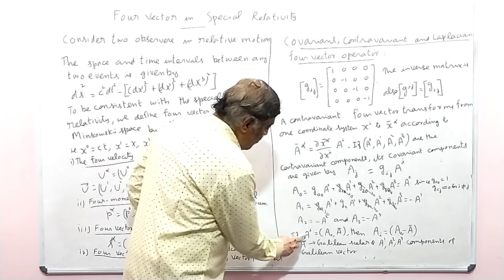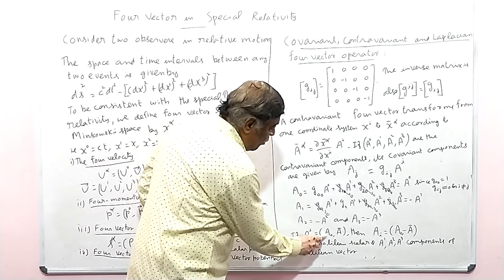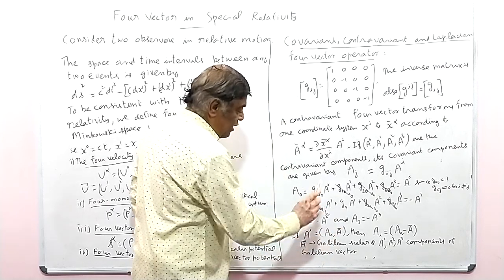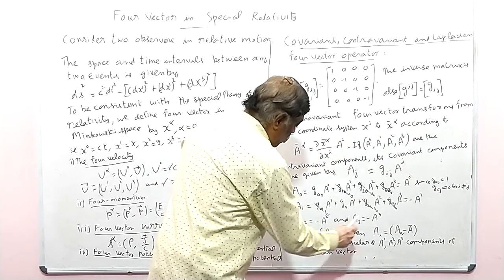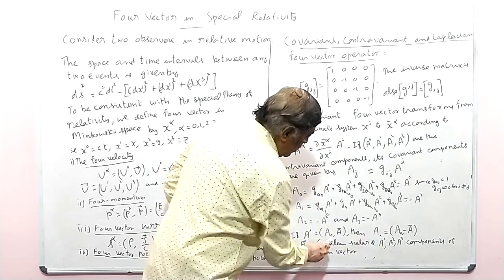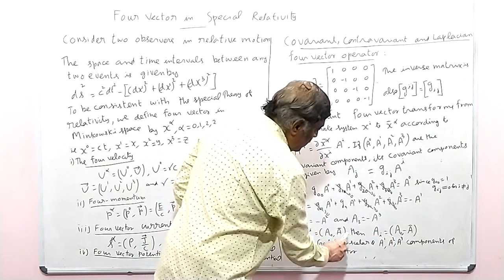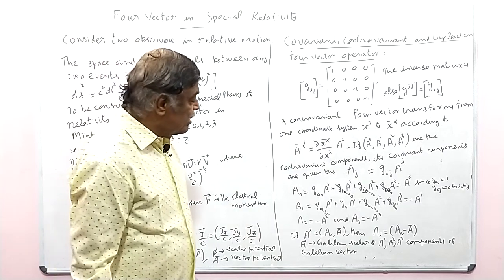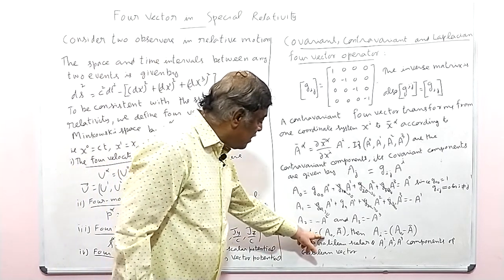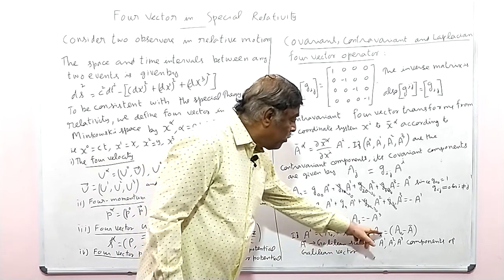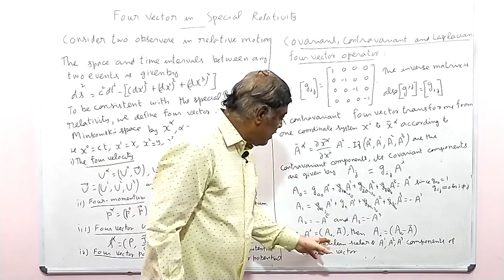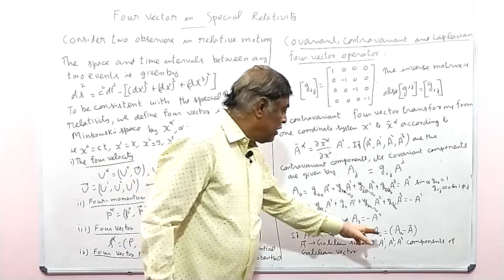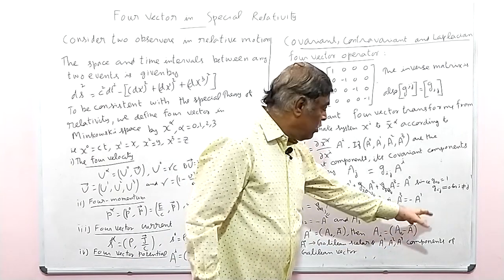Therefore, if the contravariant component A^i is equal to the first component A^0 and all the other components form the vector A, which is A^1, A^2, A^3, then its covariant component A_i is equal to the first component A_0 and all the other components are minus A, because there are three components: minus A^1, minus A^2, minus A^3. So the meaning is: A^0 comma A, and the covariant components are A_0 comma minus A^1, minus A^2, minus A^3.